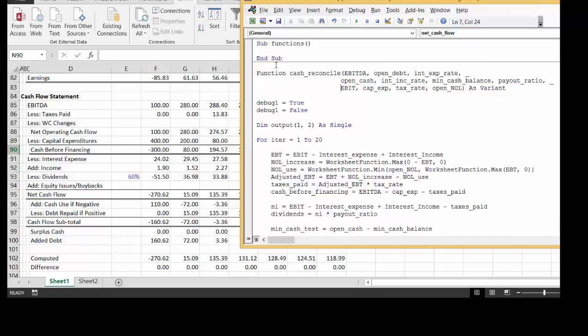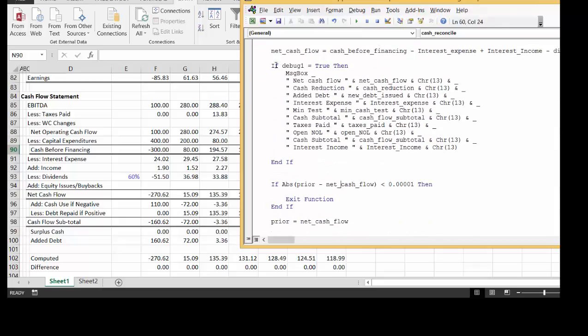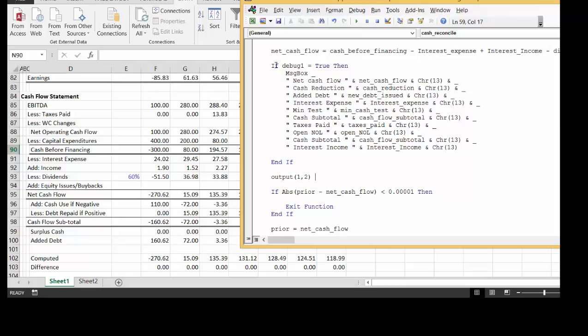Now, once we have this, we can output 1, 2. That's going to be the second output, net cash flow.